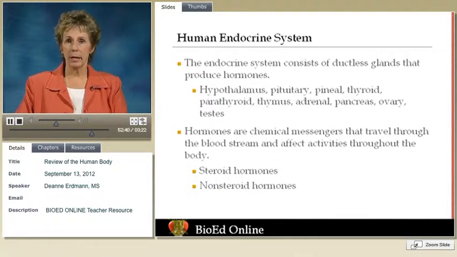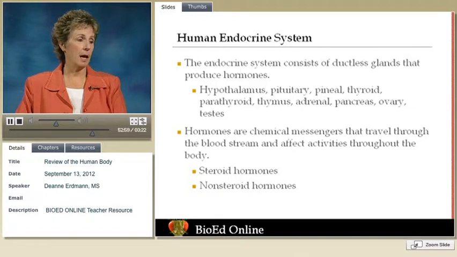The same with adrenaline, testosterone, estrogen, calcitonin, all these different hormones that you have in the body. They have specific target cells and receptor sites that they recognize so that they can affect their change. When we look at the hormones, we have steroid hormones and non-steroidal hormones.